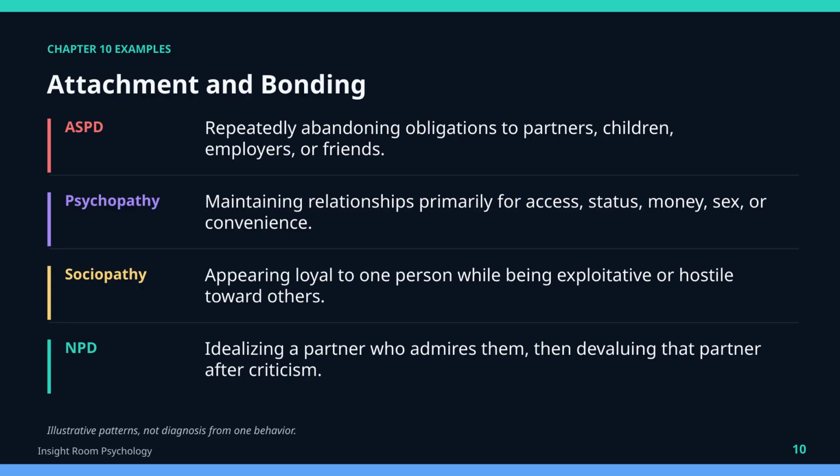For example, a person may idealize a partner who admires them, then devalue that same partner after criticism, disappointment, or loss of idealization. In other words, ASPD relationships may be unstable and exploitative. Psychopathy may involve shallow or instrumental attachment. Sociopathy is a loose label often used for unstable, harmful bonding. NPD relationships often involve admiration, idealization, devaluation, shame, and status.